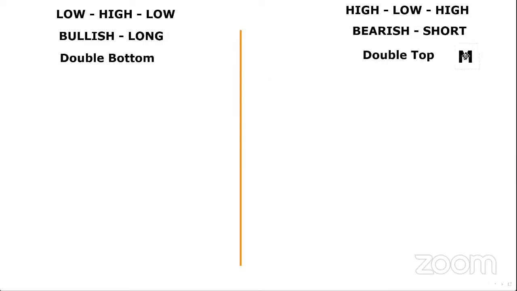So this is double top, or double bottom on the other hand is W, or an inverted M. It's okay, the same thing. Okay, so this is double top and this is double bottom. It's something that looks like this.